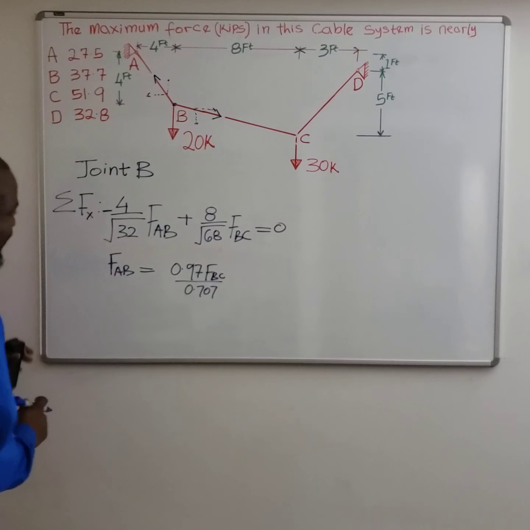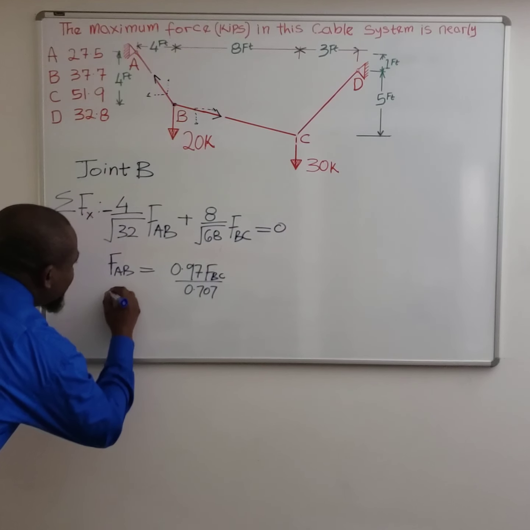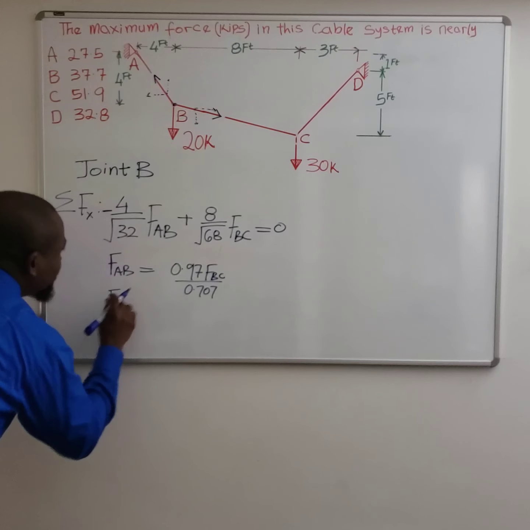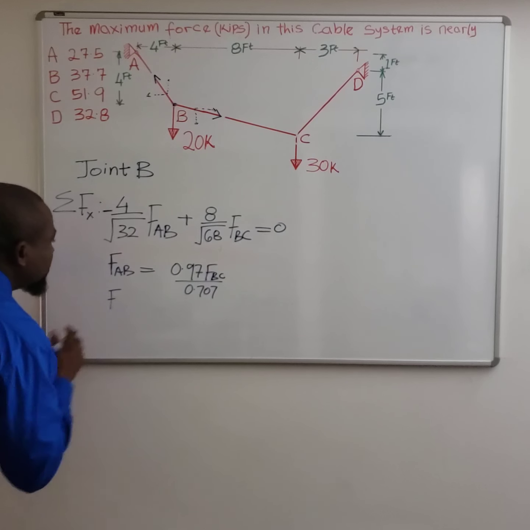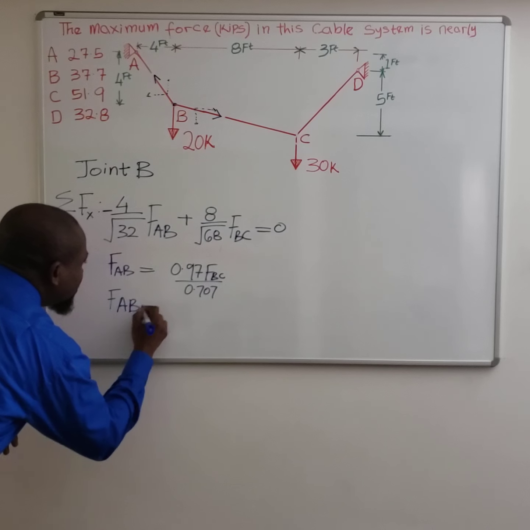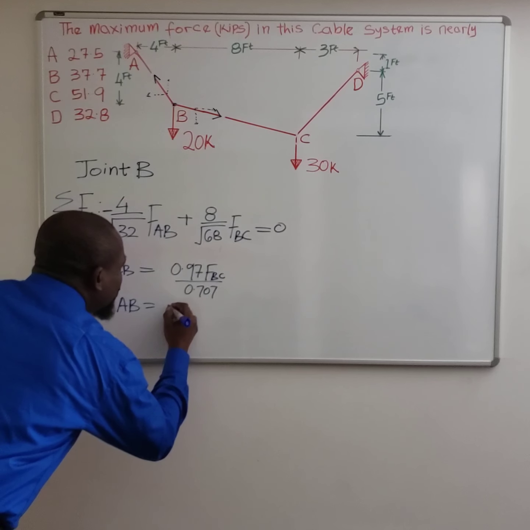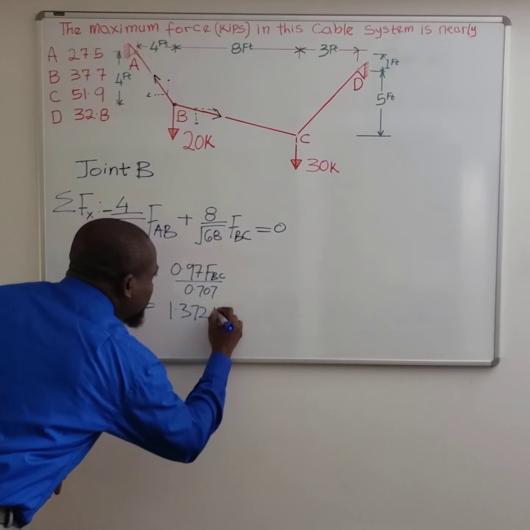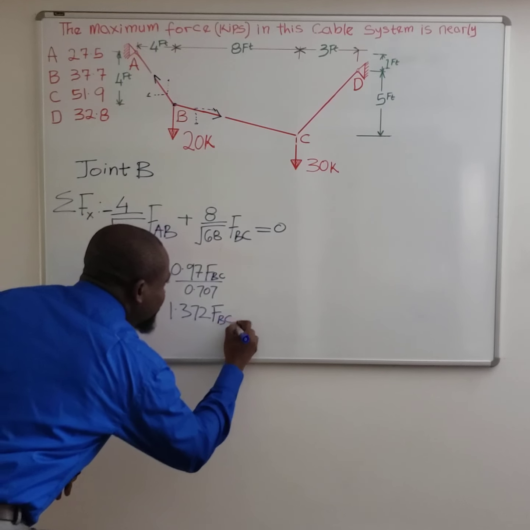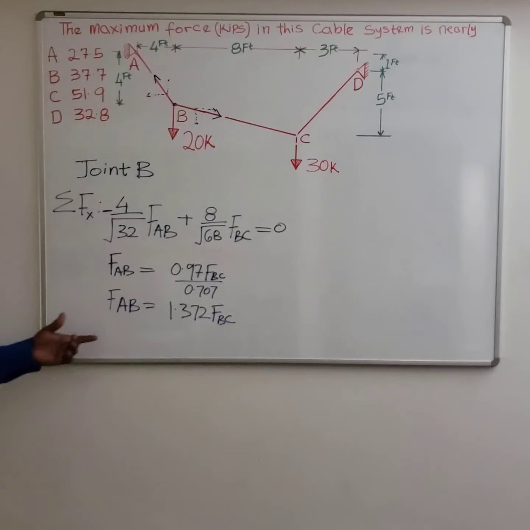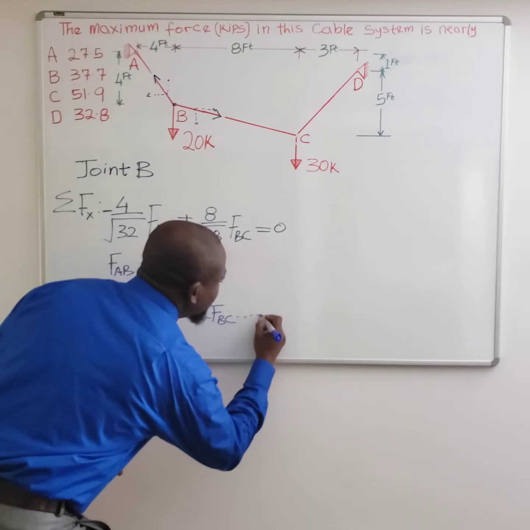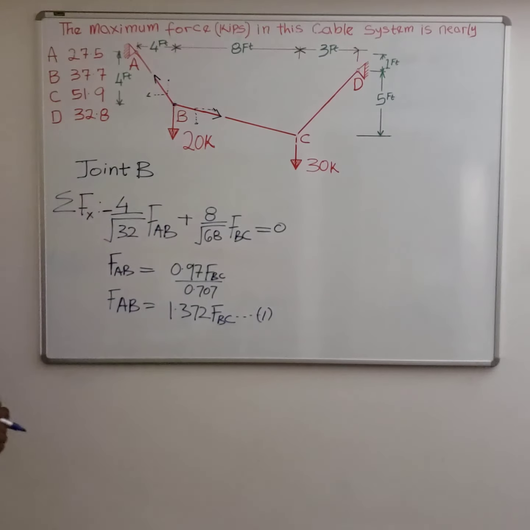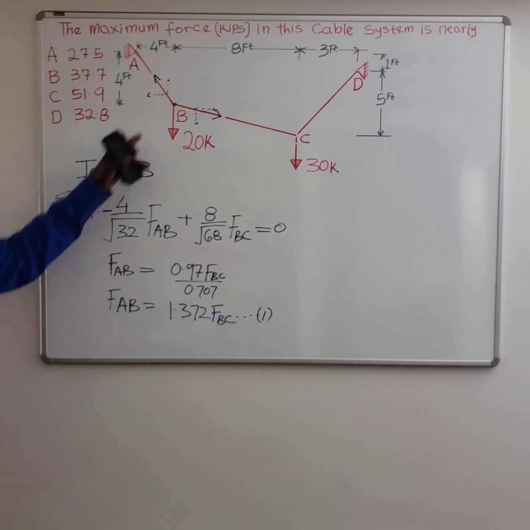If you further simplify it, that will give you FAB equals 1.372 FBC. Okay, so you got one equation, so that's our equation 1. So that's equation 1 for this joint.